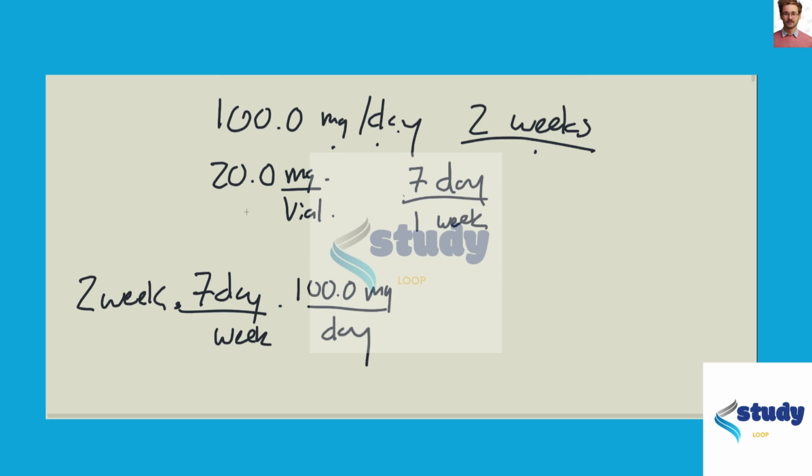And we know we can convert milligrams to vials. Although we have milligrams per vial, we want vial per milligram. So we do 1 vial on top, and we do 20.0 milligram on the bottom.